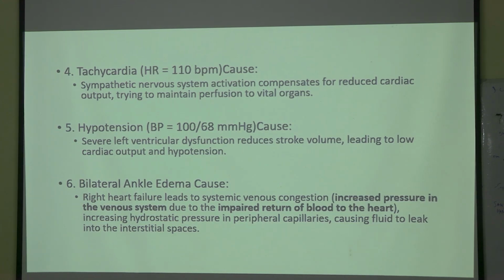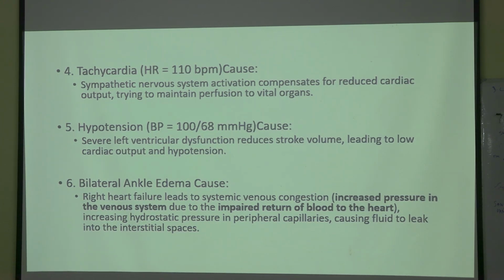As you know, we need a sufficient supply of oxygen, and to supply a sufficient amount of oxygen, it needs the availability of sufficient blood flow. It means it needs to maintain proper perfusion. So here, to maintain proper perfusion, we need to change the heart rate. So it is a compensatory mechanism.